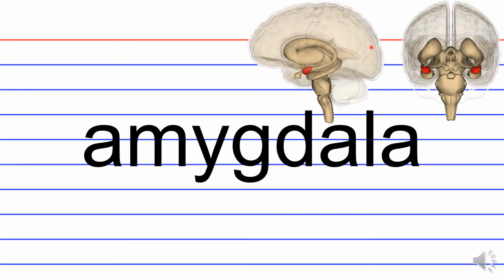That would be the amygdala, okay? So it is on a sagittal view, and then on a frontal view, you can see both amygdala on the left and right sides of the brain. Well, they're actually embedded within, so just keep that in mind.